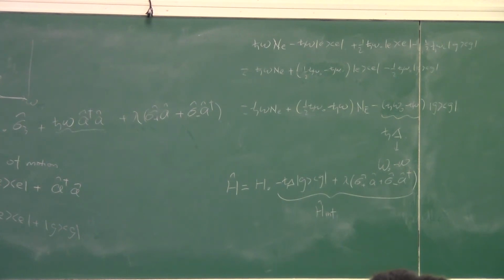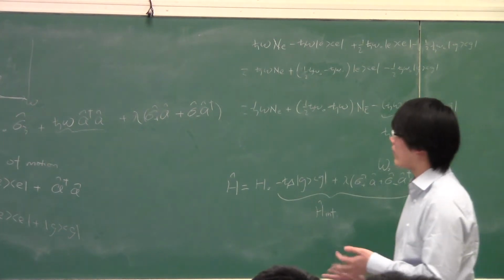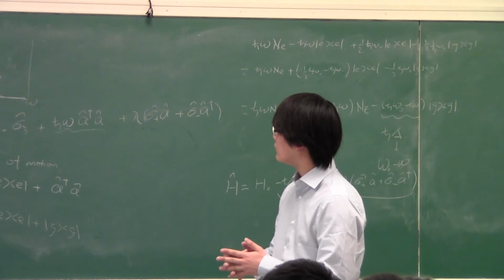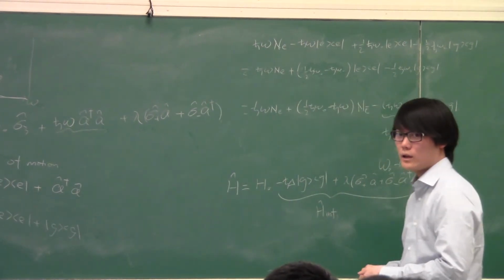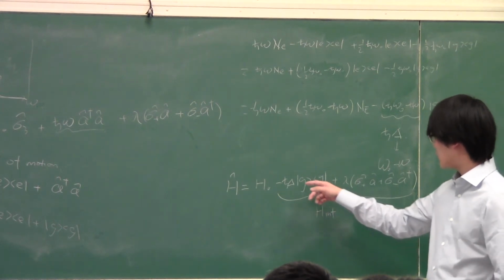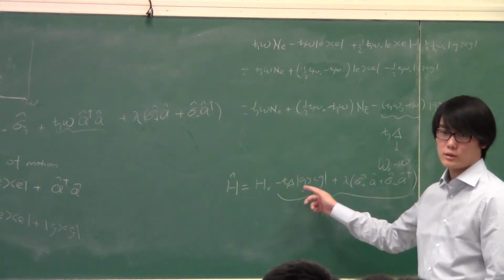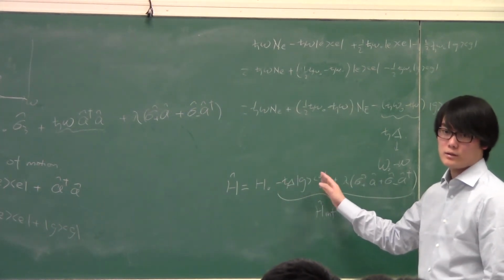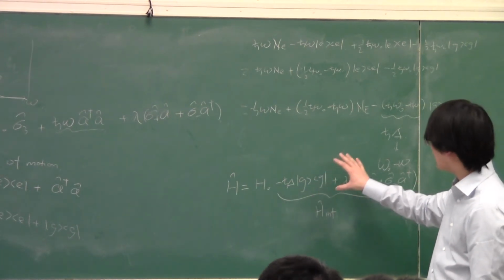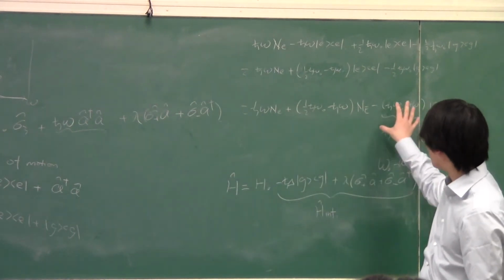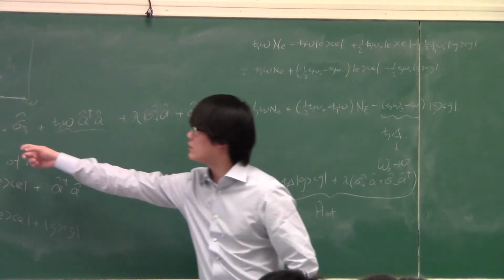Are there any questions? This part is just algebra. But it tells you something interesting, and that's that by coupling to the mode in the cavity, we effectively have an energy shift in the ground state when we consider the interaction. But actually, this is non-existent because if I were to combine these terms, I still get this, right?